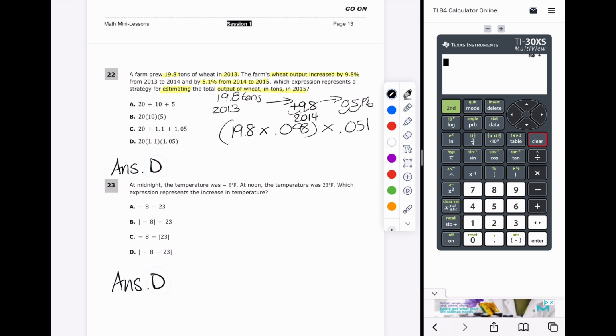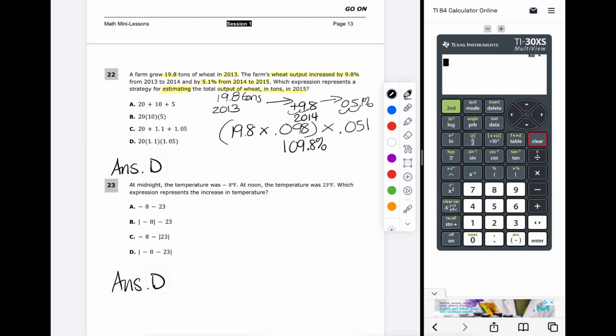Now, remember, I don't want just the increase. I want to know the total output. So then I need to know for the first year, what is 109.8%.